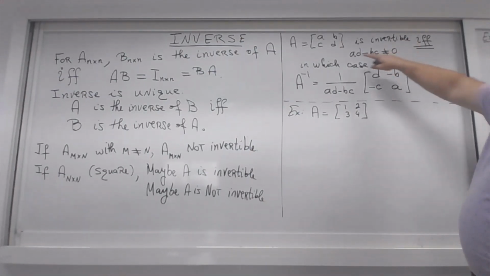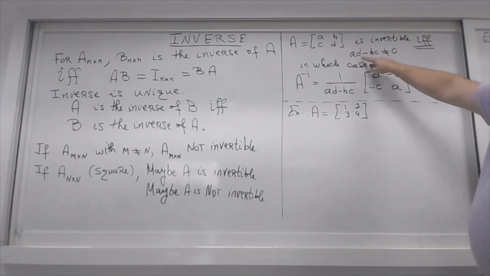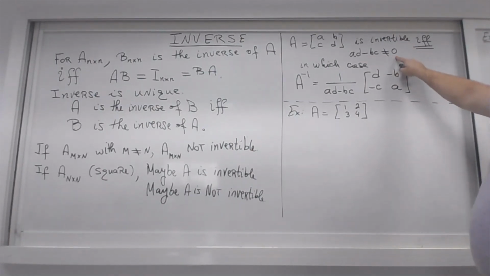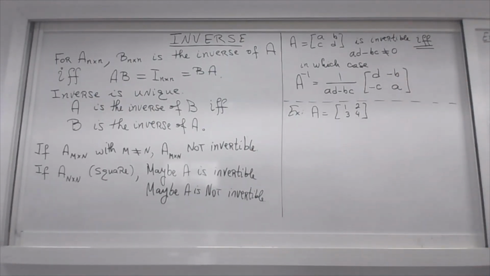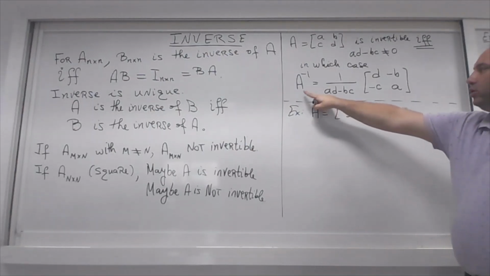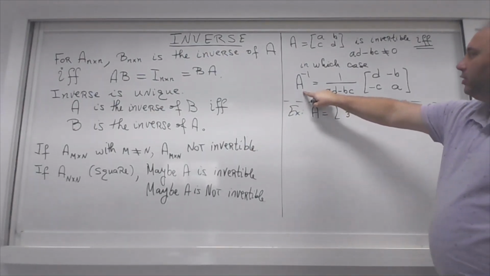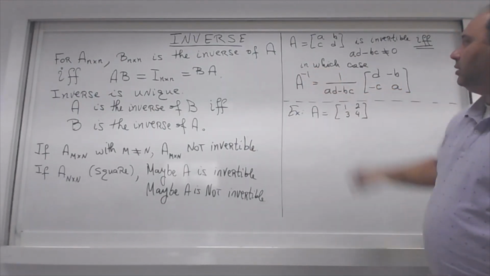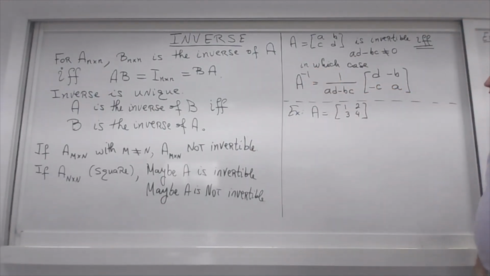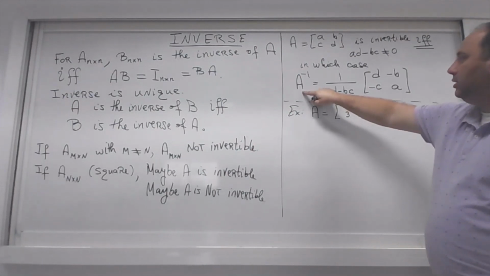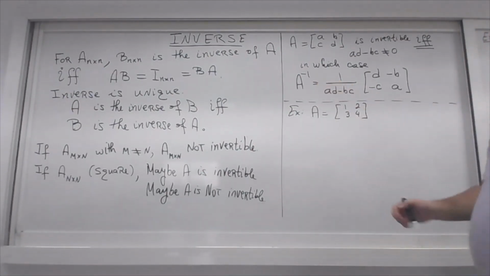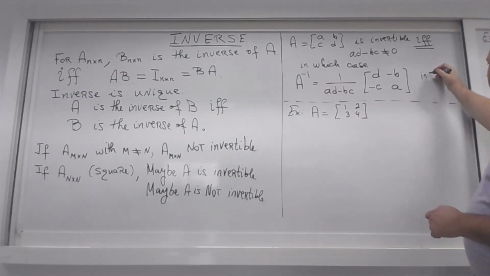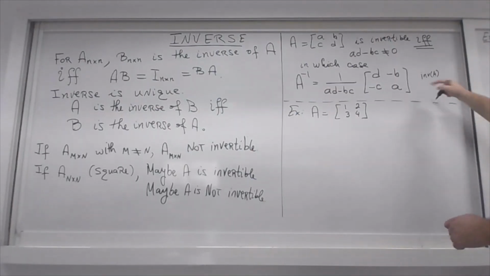So it says a 2 by 2 matrix is invertible if the determinant is different from 0. And on top of that, we also know how the inverse looks. The notation for the inverse is A, and then in the exponent we write minus 1. So this is not A to the power minus 1, it's just notation. Instead of writing inv of A, that's too much.